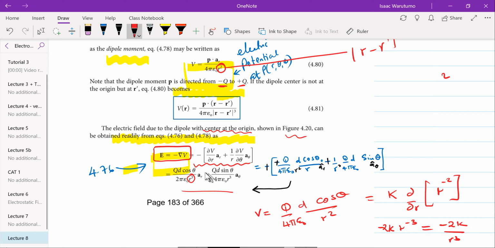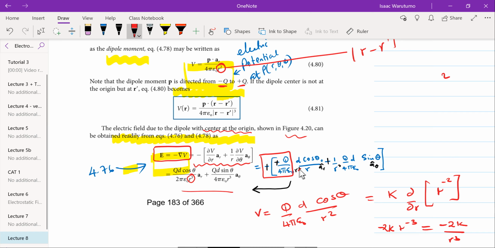K is the term that was not part of the derivative, and if you remember, we had a negative here. That is how we are introducing this constant k. Then that will have a negative, the two negatives cancel, and we are left with r cubed at the denominator.